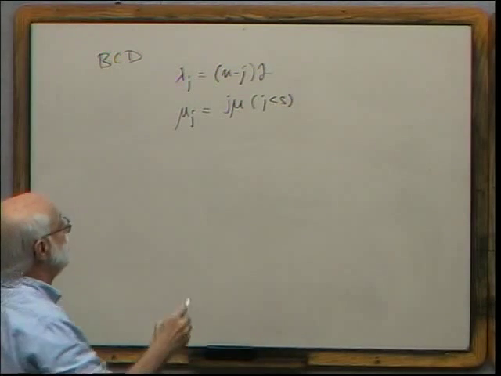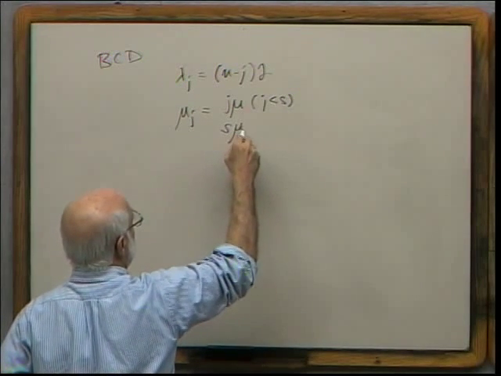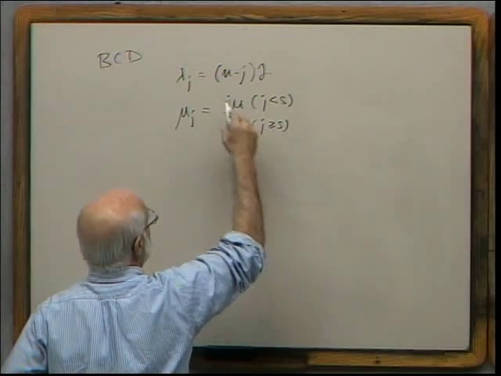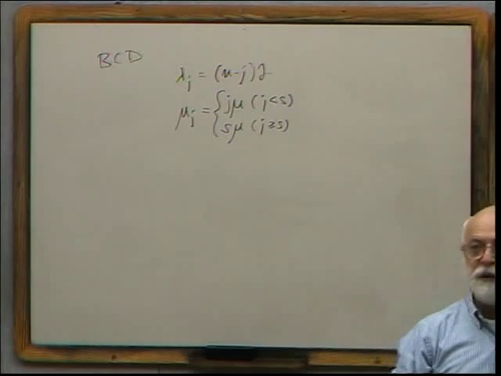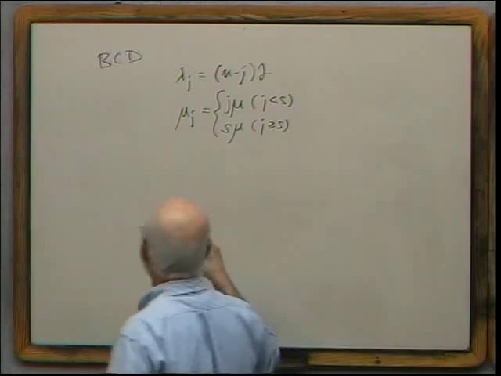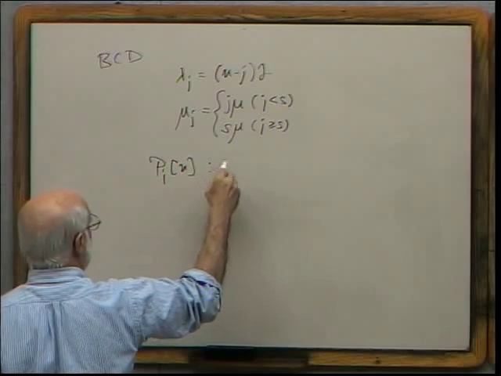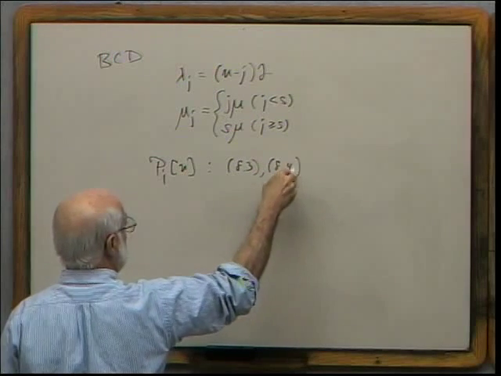And so the aggregate service completion rate, or death rate, would be S times mu for J greater than or equal to S, just like in Erlang C. So the end result is that this makes the arithmetic more complicated, and the numerical solution is given by equations 8.3 and 8.4, P sub J, N. So it's more complicated, but it's still just a formula.